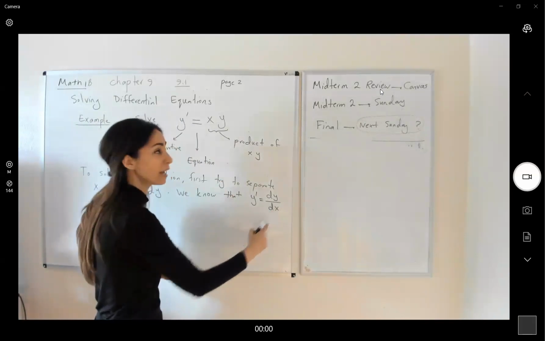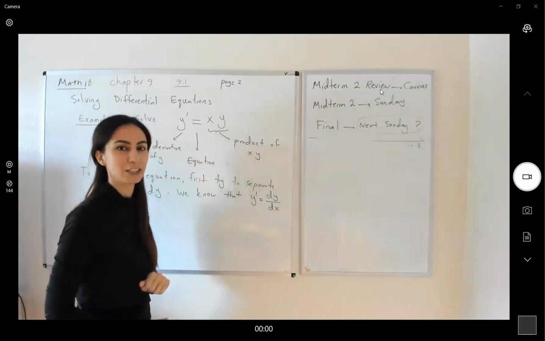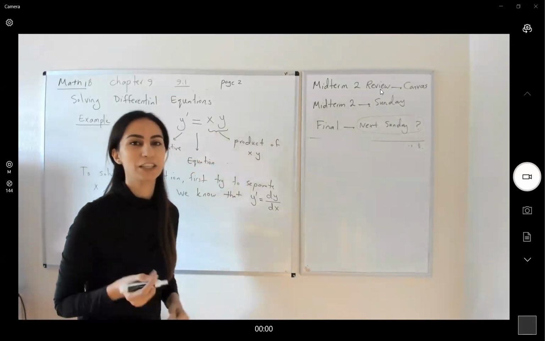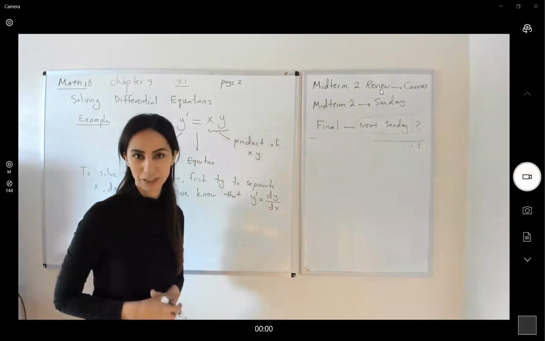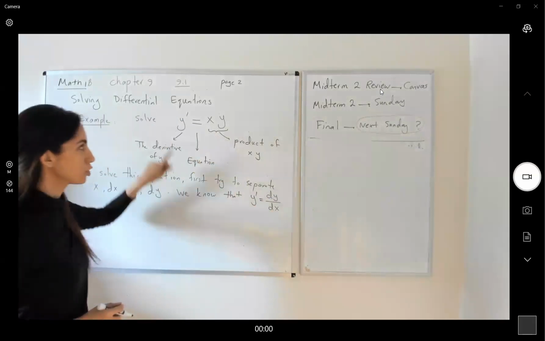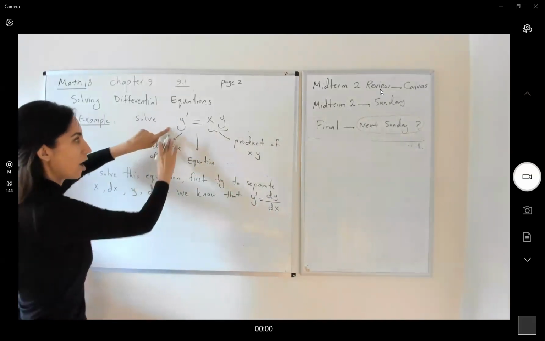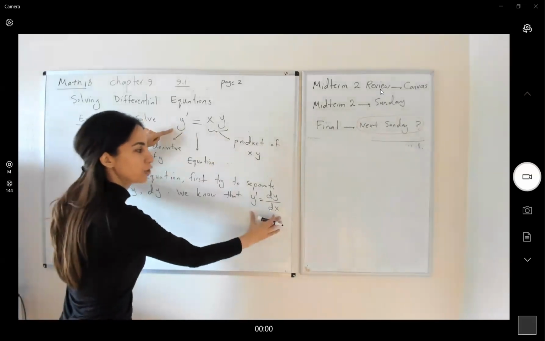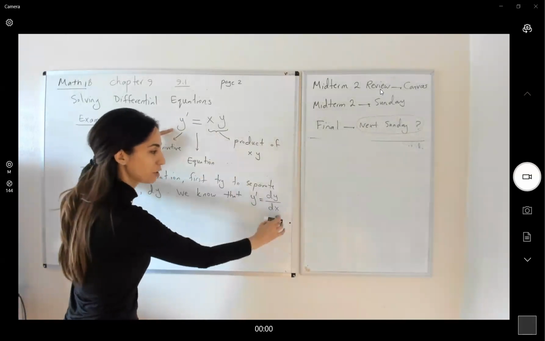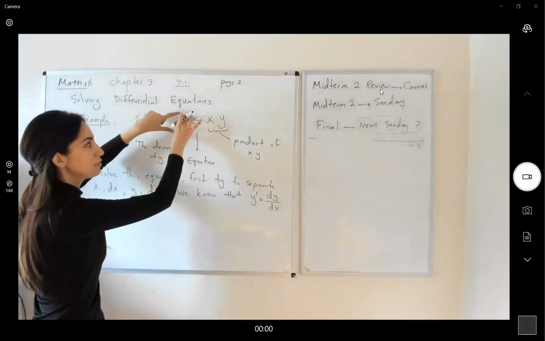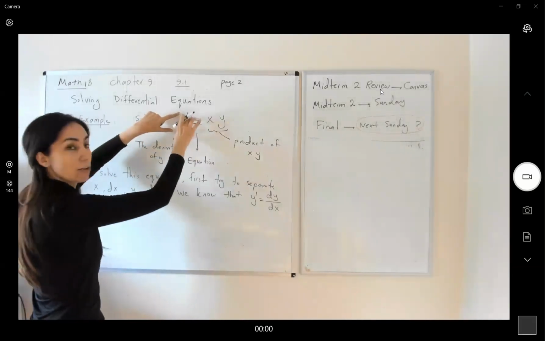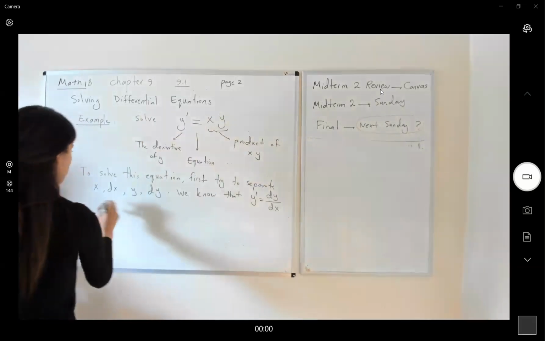I'm using x because I have x here. If you have any other variable like t, you write dy over dt. So on the left-hand side, I have y prime, which is equal to dy over dx. I'm going to write dy over dx instead of y prime in the equation.